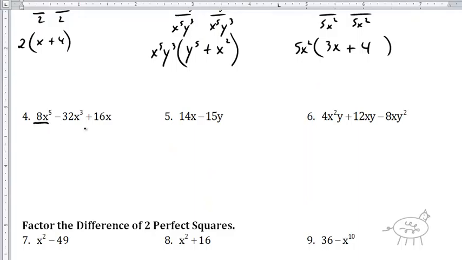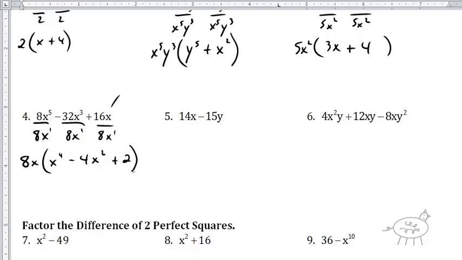Well, actually 8 does, and that's my smallest exponent for x, so 8x is my greatest common factor. So you're going to do 8x times, you get x to the 4th, because remember this is like an x to the 1 here, if that helps. Then 32 over 8 is 4, so it's minus 4 x squared, and then plus 2.